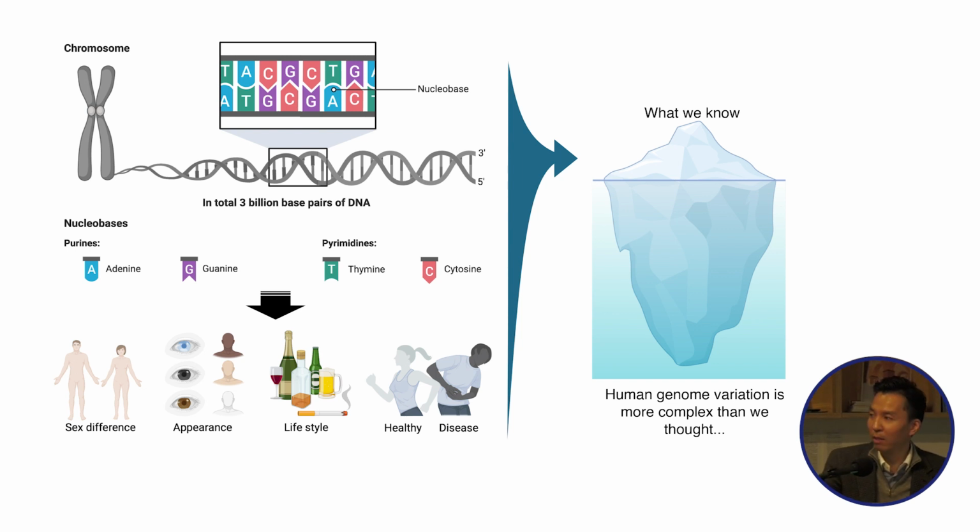Also, it is said that our current knowledge is the tip of an iceberg, and actual human genome variation is more complex than we thought 20 years ago when we opened up our genome.